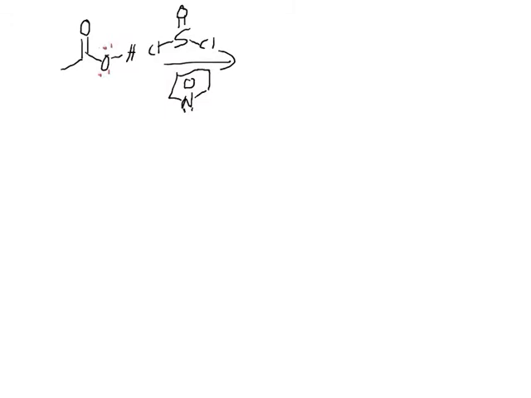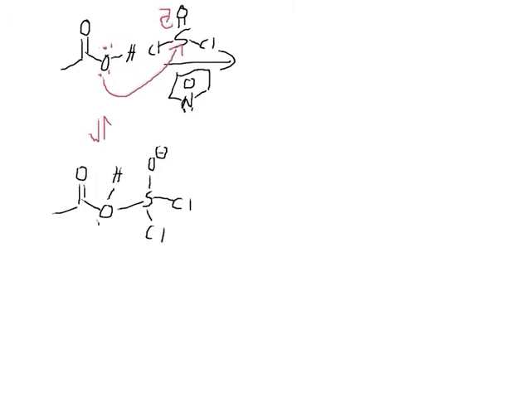To do that, this guy attacks, we kick up, and we get a tetrahedral intermediate. These are neutral conditions right now. Pyridine is slightly basic, but at the end of the day it's more or less neutral. I think we'll make some acid, but balance our charges.